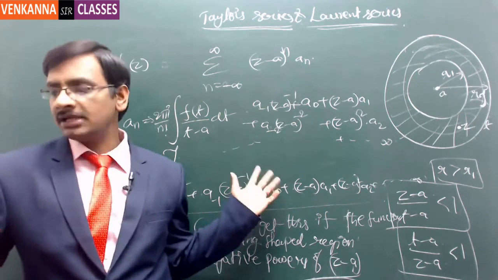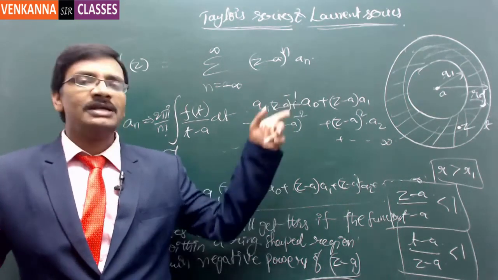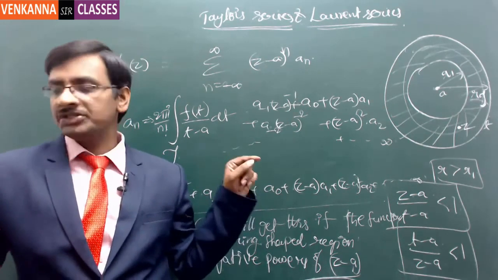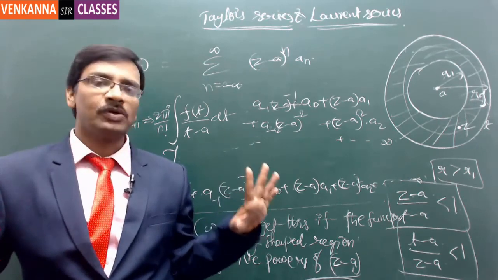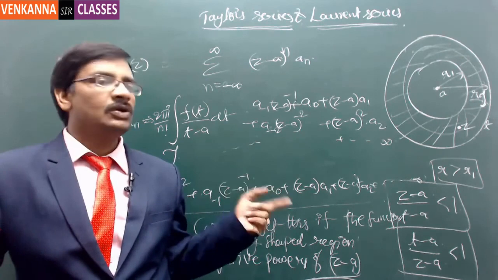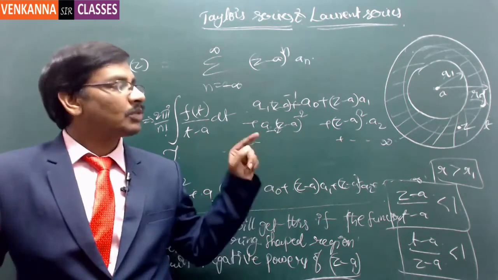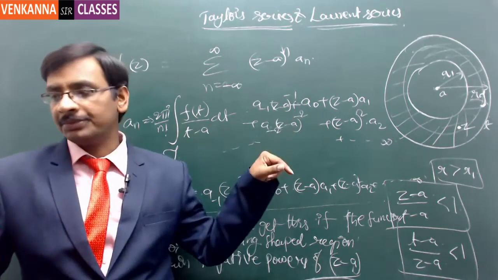So Taylor series and Laurent series, there is no major difference. The only thing is, you get a Taylor series if the region is circular and the function is analytic within that circle. You are not going to get any negative powers of Z minus A. That is the Taylor series. In the Laurent series, you arrive at negative powers, provided the region of analyticity is ring shaped.